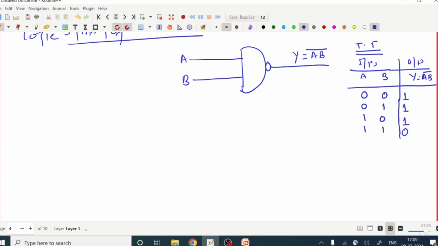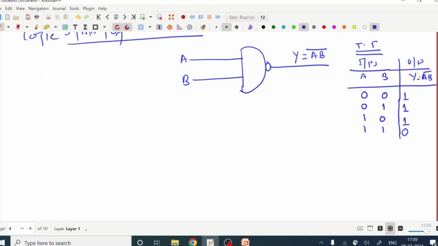Now the question is how we prove that NAND is a universal logic gate. Our objective is to prove that NAND is a universal logic gate. When we design AND from NAND, OR from NAND and NOT from NAND, then we can say that we can implement any Boolean function or any digital circuit by using only NAND gates.